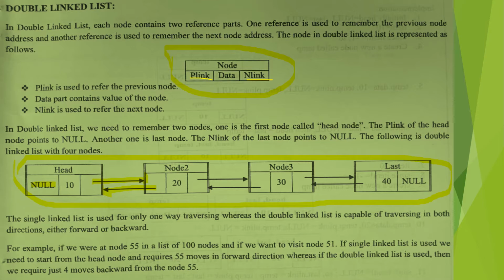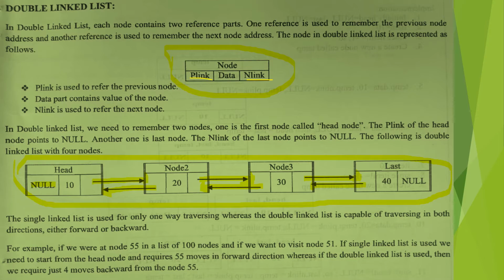Similarly, node 2 contains the address of node 3 and node 3 contains the address of node 2. Similarly, node 3 contains the address of node 4 and node 4 contains the address of node 3. Since this is the last element in the double linked list, the second reference part, the n-link, is null.